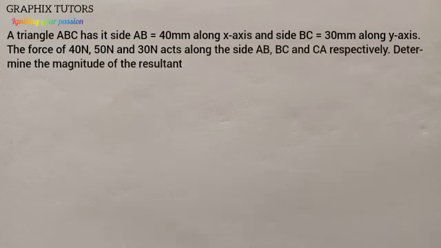Today we want to solve a problem in statics, which is an aspect of mechanics, where the question goes like this. It says a triangle ABC has its side AB equal to 40 millimeter along the x-axis and side BC equal to 30 millimeter along the y-axis.